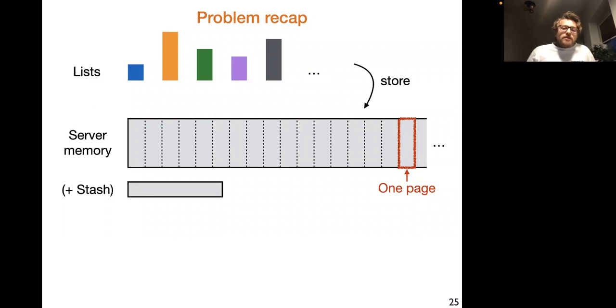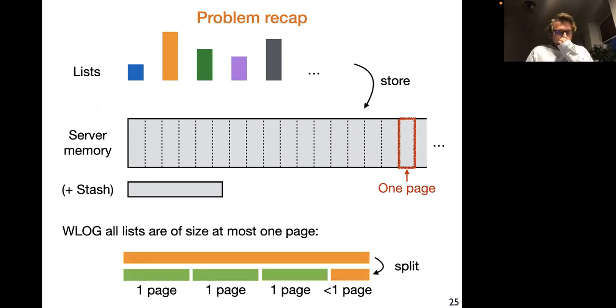For example, we want to store the orange list in as few different pages as possible to optimize page efficiency. Also, we have a stash in our model where, in the worst case, we can allocate a few overflowing identifiers that we can't fit anywhere else.